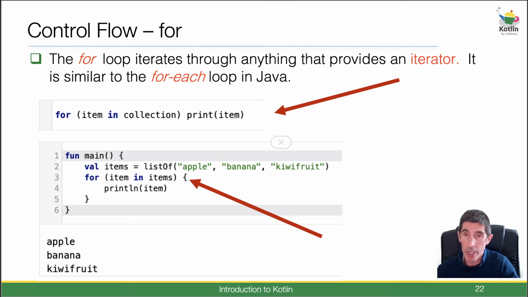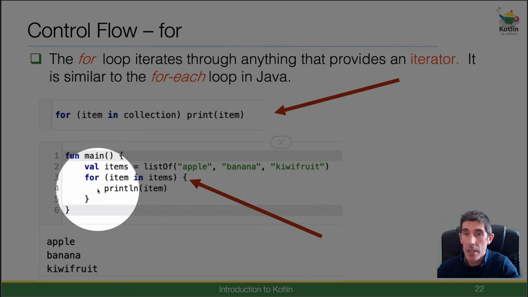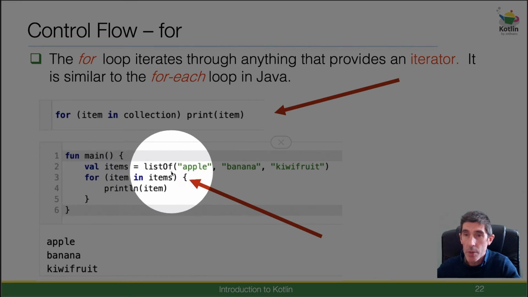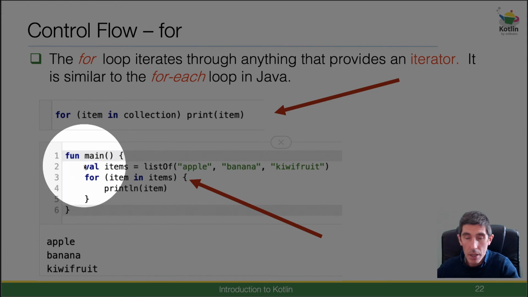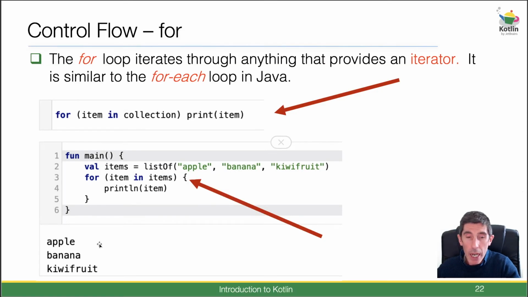In this example here, it'd be a simple print. So if we look at our function main down here, we have our items list. We say val items is assigned listOf, so we implicitly convert it into a list.